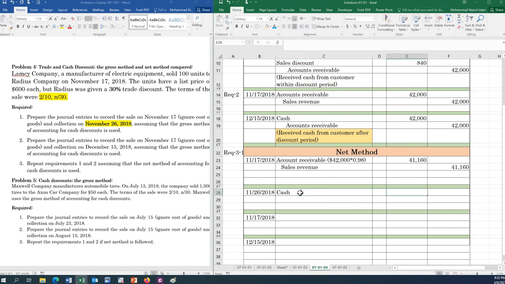So cash received, 41,160, and accounts receivable, that is also 41,160. That's fine. Okay, and so received cash from customer within discount period.